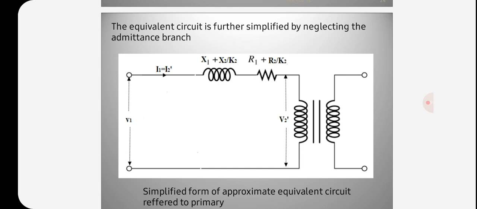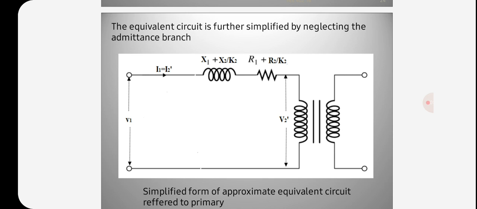Hence, for the sake of simplicity, the parallel circuit consisting of R0 and X0 can be transferred towards the input terminal. The error introduced by doing so is very small and can be neglected. The circuit is called the approximate or simplified equivalent circuit of a transformer.